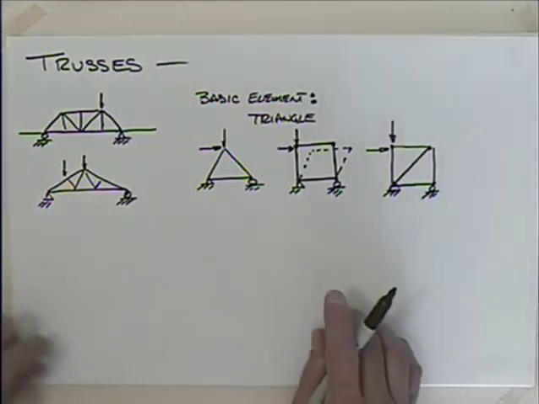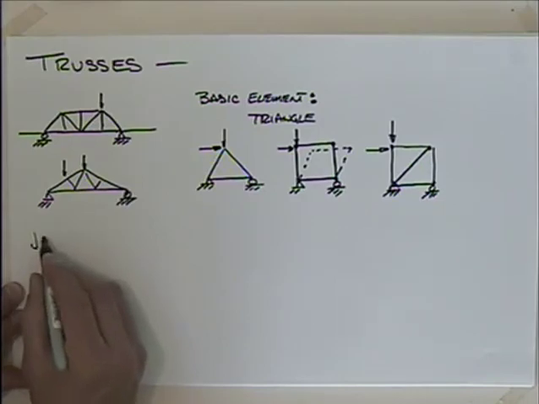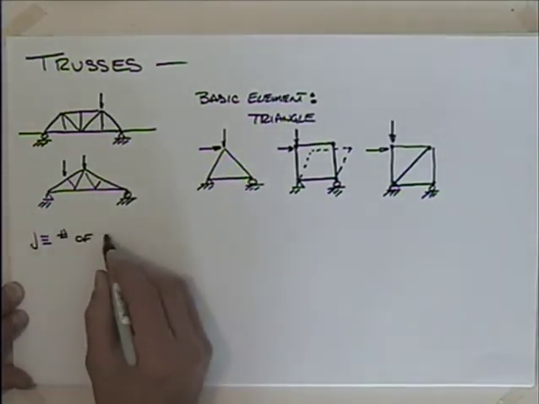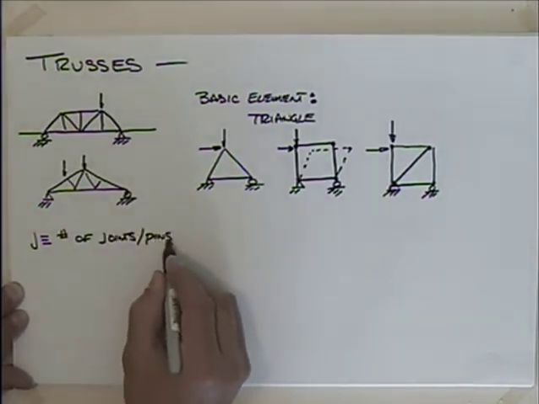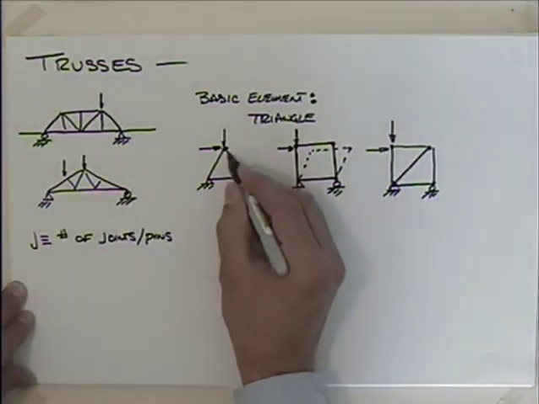And there's actually an accounting for this. If we talk about J being defined as the number of joints or pins, where these are put together, so I have a pin there, and a pin there, and a pin there.